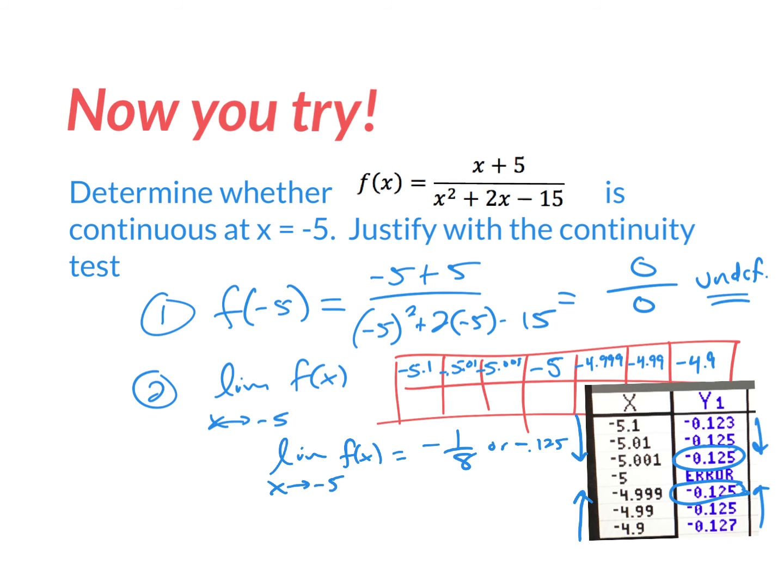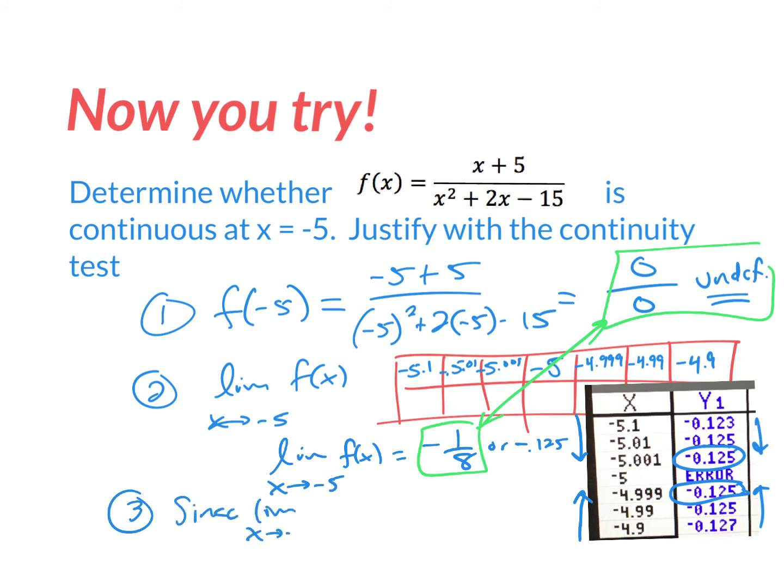So now we're comparing, right? We're comparing step 1 to step 2, and obviously undefined does not equal -1/8. So we'd say in our last step, since the limit as x approaches -5 of f of x does not equal f of -5, right? Step 1 doesn't equal step 2.